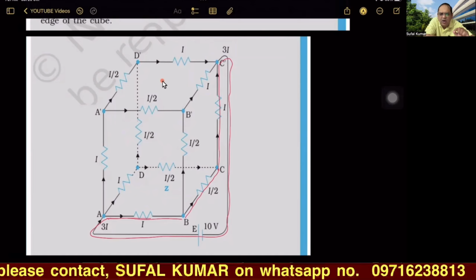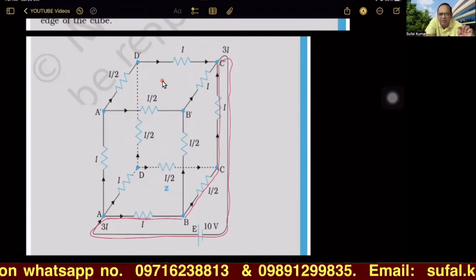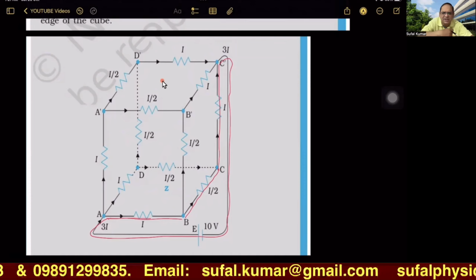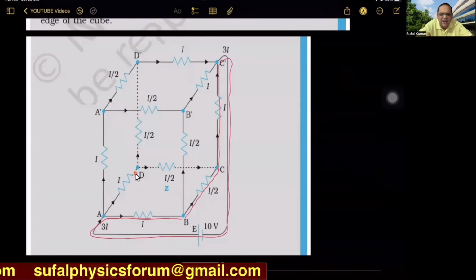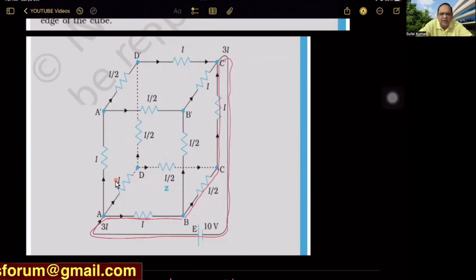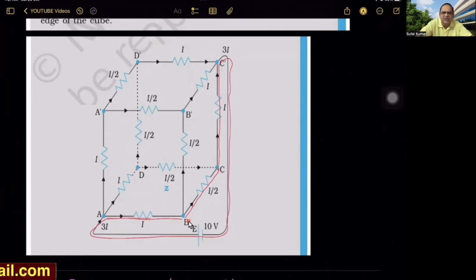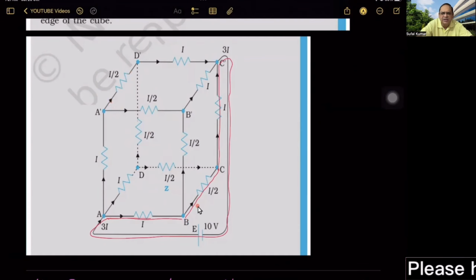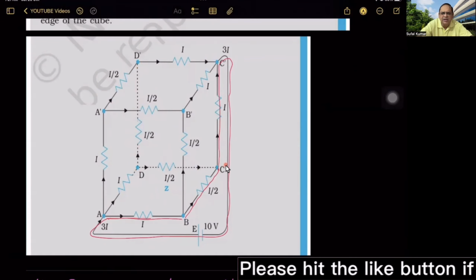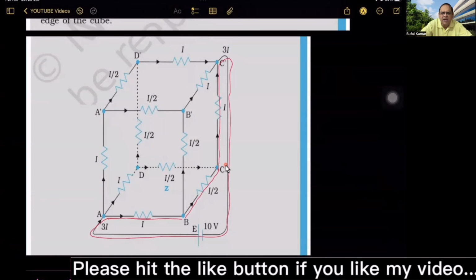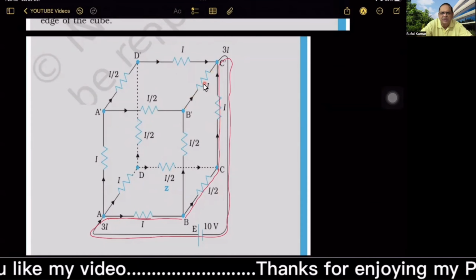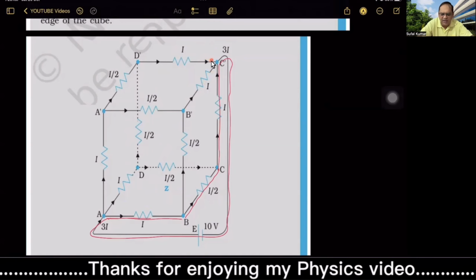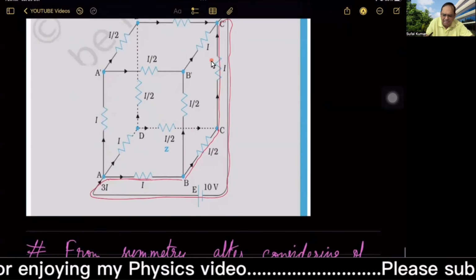That means whatever value of I we obtain, for these edges AD, AA', and AB, all these are I by 2, and again lastly these 3 edges will have a current of I. So let's first find the I.